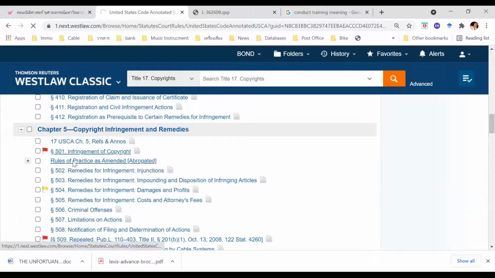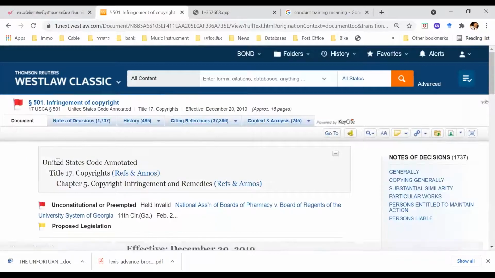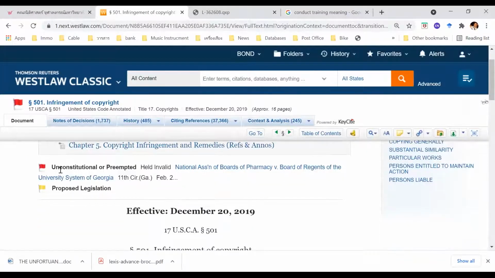Maybe they have another one, changed as unconstitutional, and proposed legislation. It means they may change some content and list a new one to approve a new law in the future. Like you propose your thesis, your proposal or something like that.